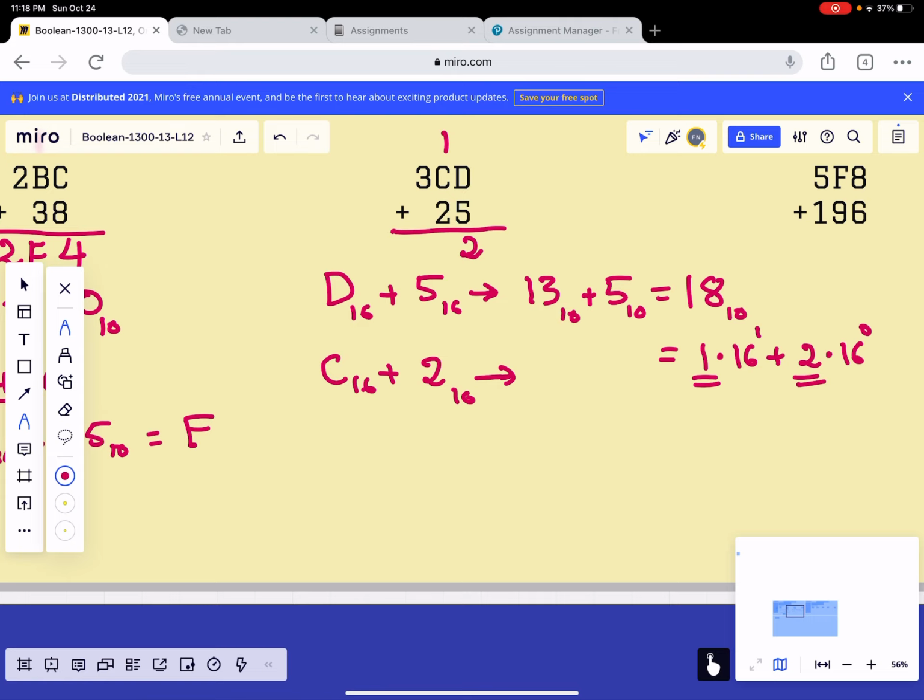C is 12, so I write out 12. 12 decimal plus 2 decimal, and then got 1 carry over, so plus 1. And the answer is 12 plus 2 plus 1 equal 15.